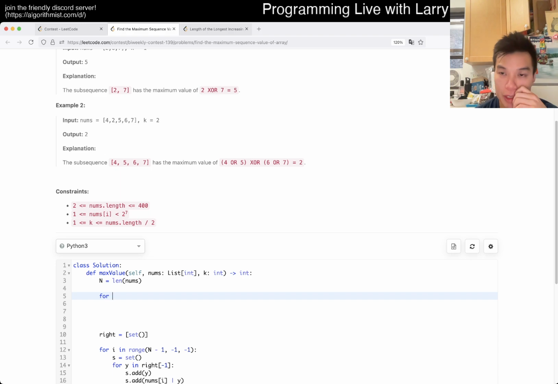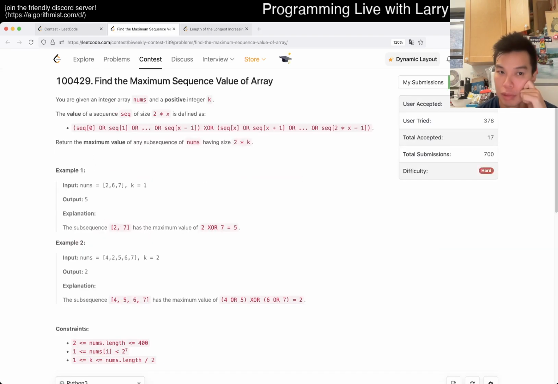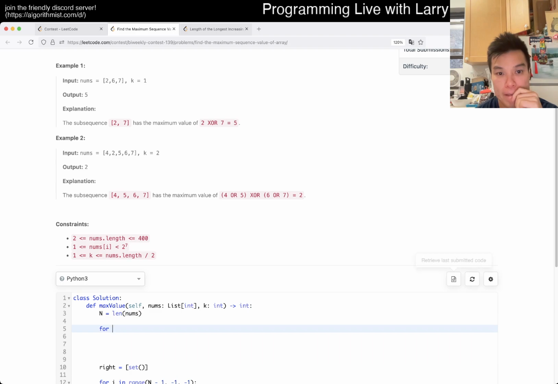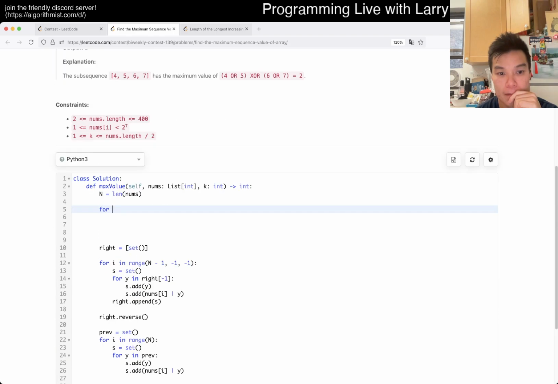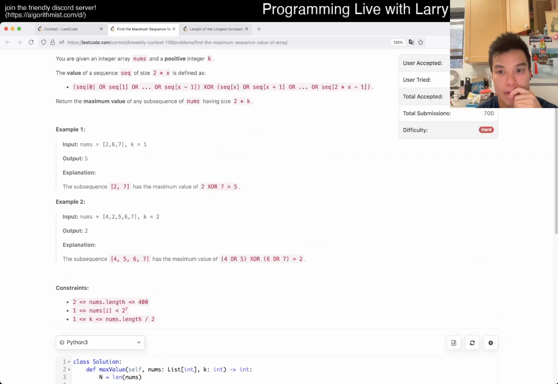So basically you want... can I do it a bit at a time? Because I have to choose the subsequence. Man, I'm slow today.